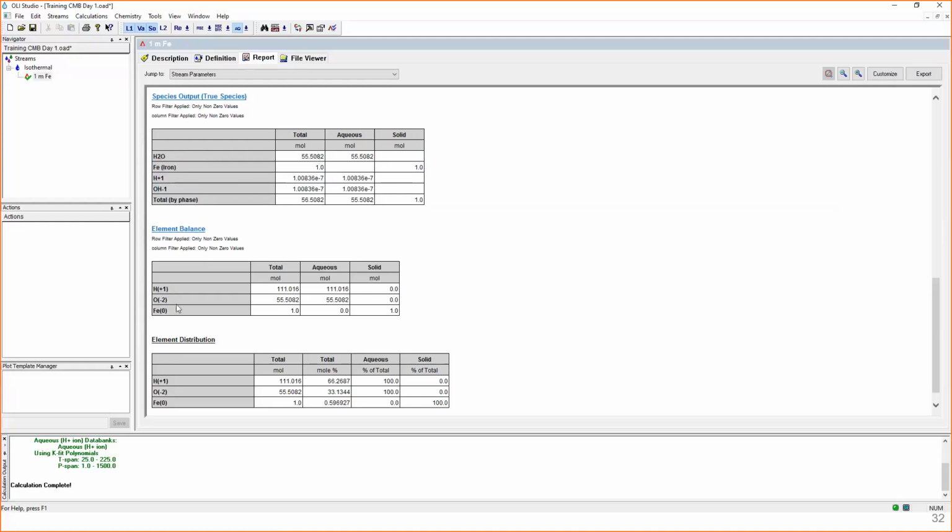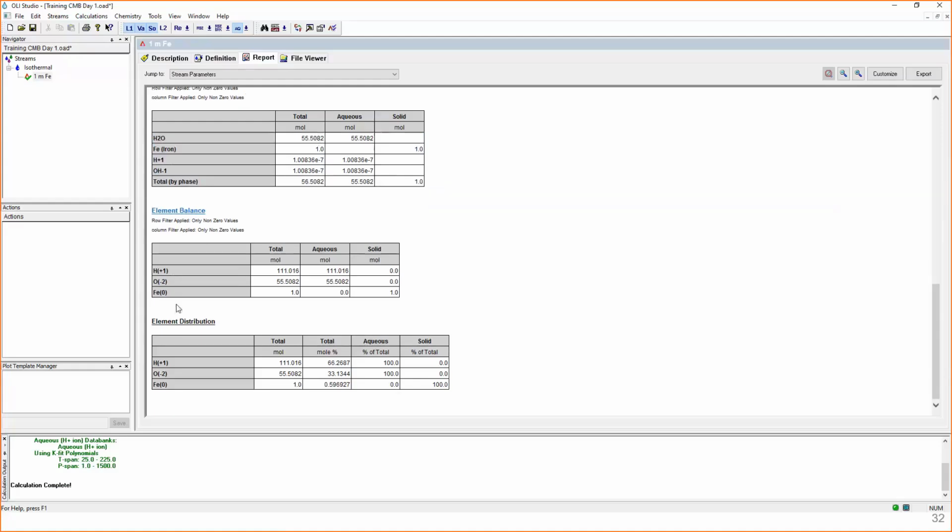Then you have the element balance. I like this table because sometimes maybe you're tracking a specific oxidation state, and this table is basically adding all the species that have this oxidation state: hydrogen plus 1, oxygen minus 2, and all the species that have elemental iron.